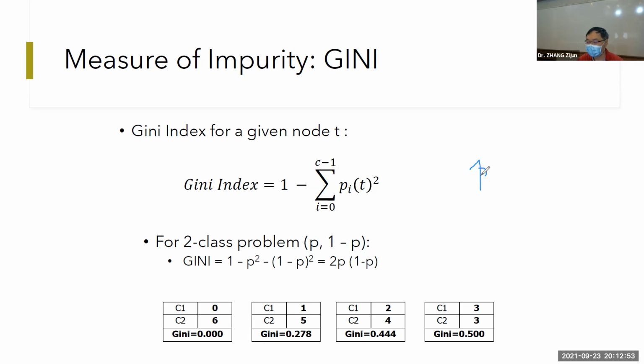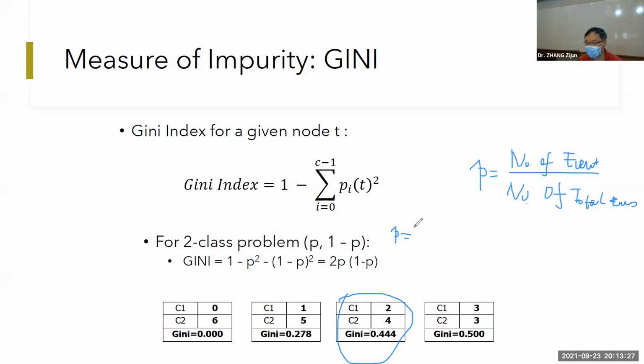So the P is the frequency. Basically, it's a proportion. Okay. So it means the number of events over the number of total events. So for the third example, P is equal to 2 over 6, which is equal to 1 over 3.